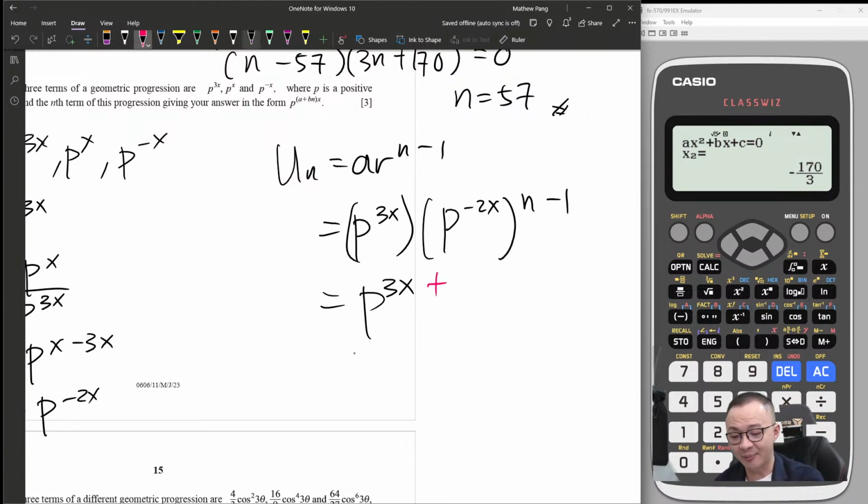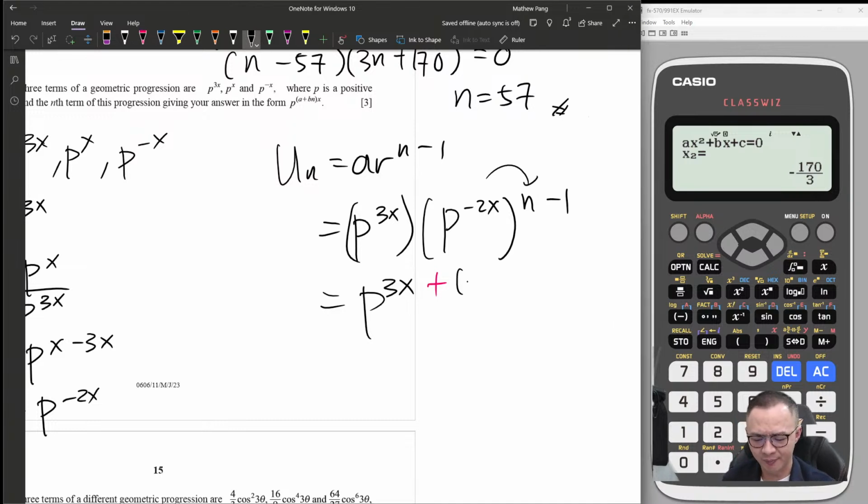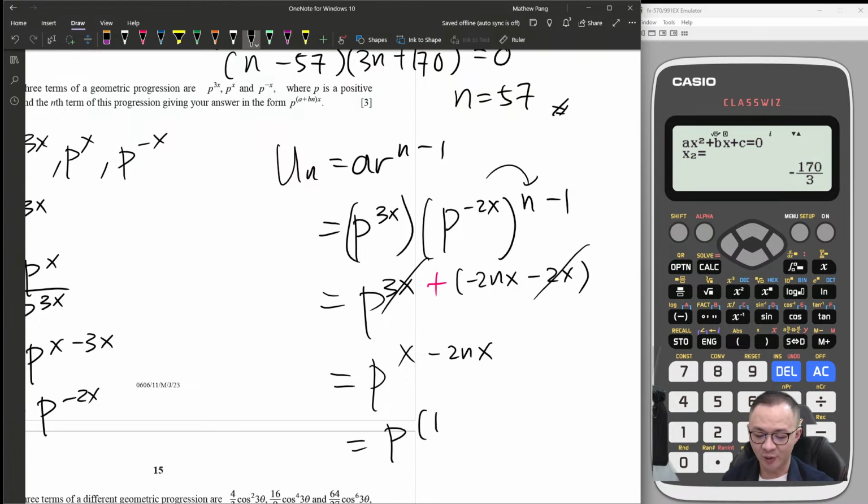So this one multiply in minus 2nx minus 2x. Alright, so 3x minus 2x, I get 1x, isn't it? Minus 2nx. Then obviously I can take out the x, right? 1 minus 2n power x.